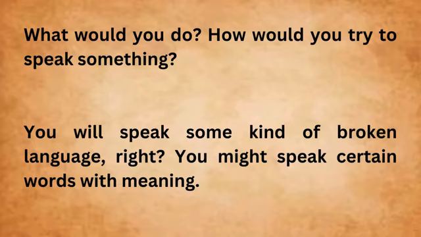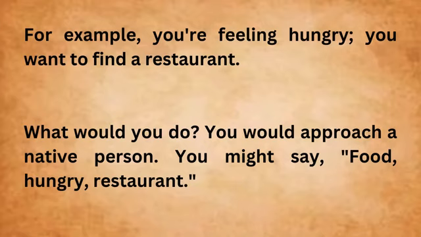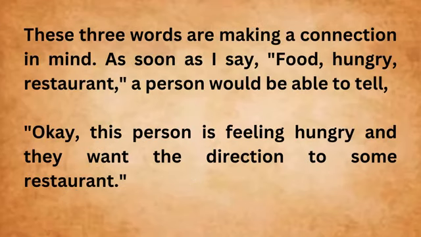You will speak some kind of broken language, right? You might speak certain words with meaning. For example, you're feeling hungry. You want to find a restaurant. What would you do? You would approach a native person. You might say food, hungry, restaurant. These three words are making a connection in mind.